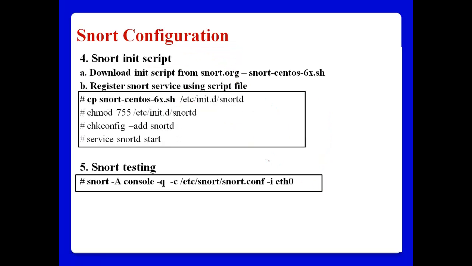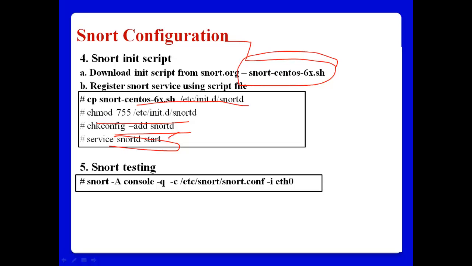And after that, the Snort init script. At first, even if we are successful in installing Snort, we cannot find this init script. So we need to download it. Here, in my case, the snort CentOS 6x.sh, and after that, copy it to /etc/init.d/snort, change the permission to 755, add it to each run level, and after that, start.